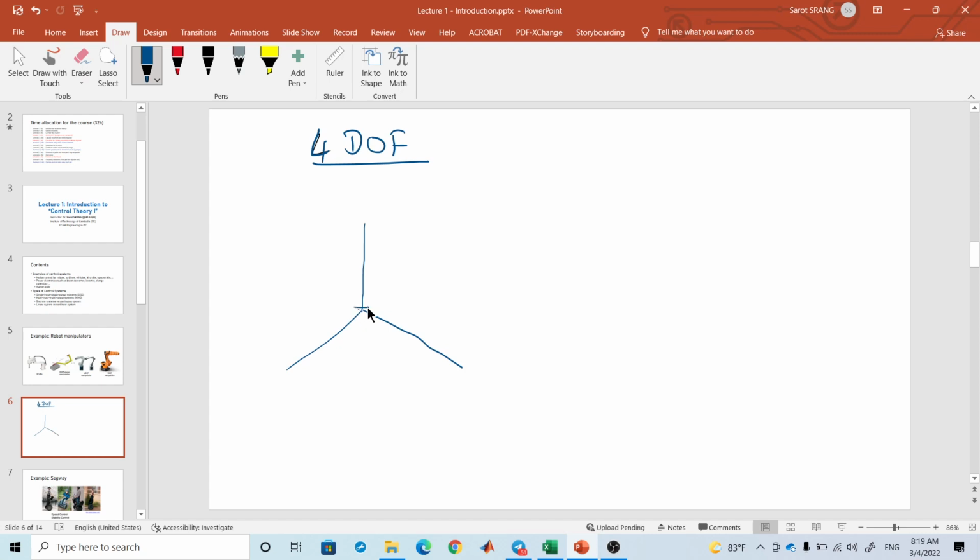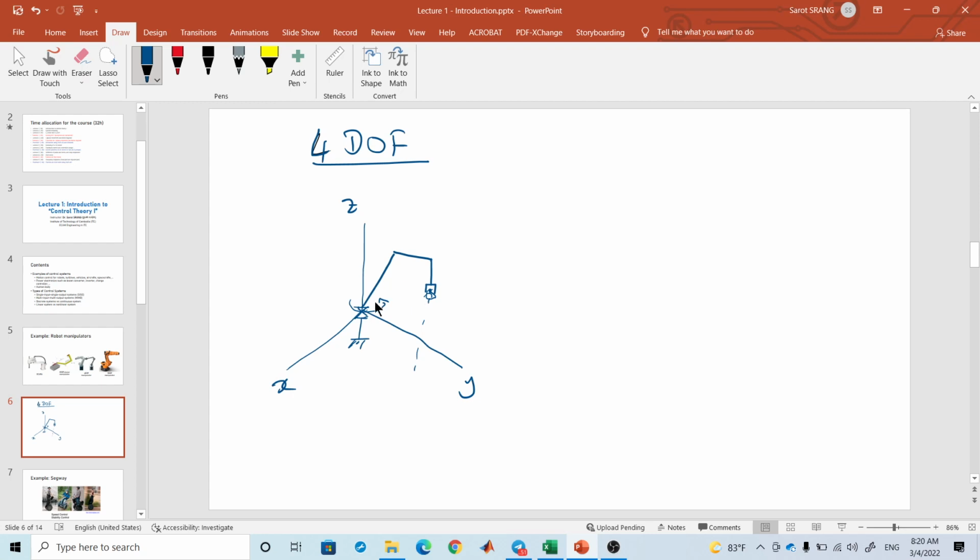Let's say the first motion is the swing at the waist. Then let's say you want it to hold something in space, let's say at coordinates XE, YE, ZE.